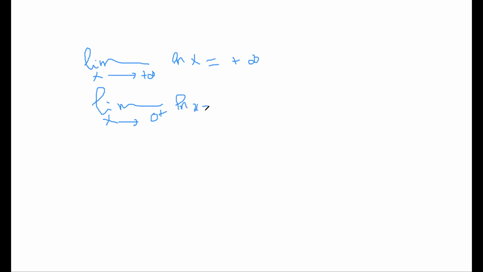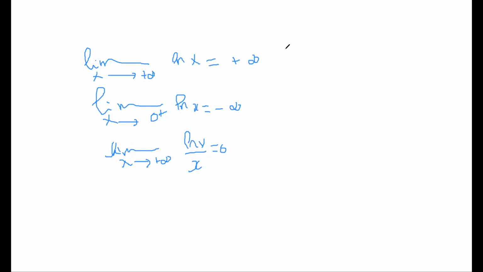The limit of ln x over x as x tends to plus infinity is 0. Okay, these are the important limits.